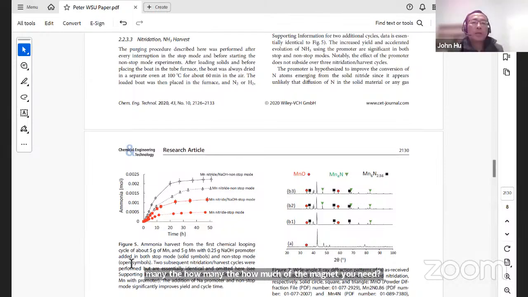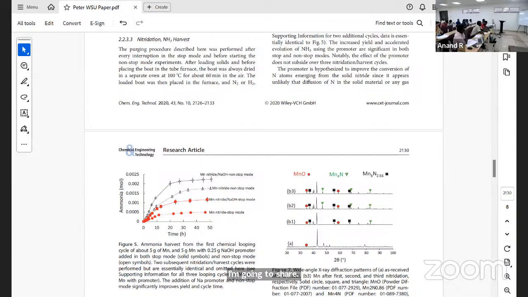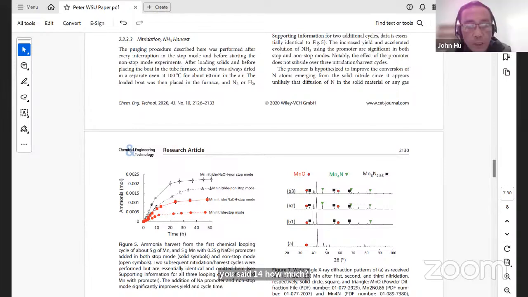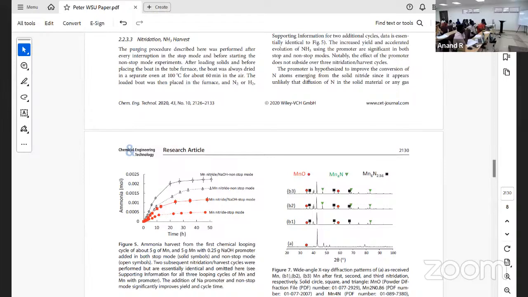Okay, let me write it down. You said 14.4 metric tons. It means 14,400 kg.